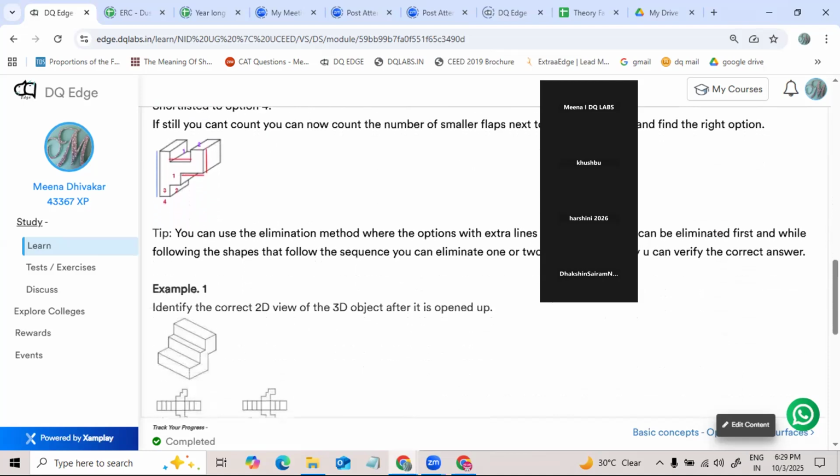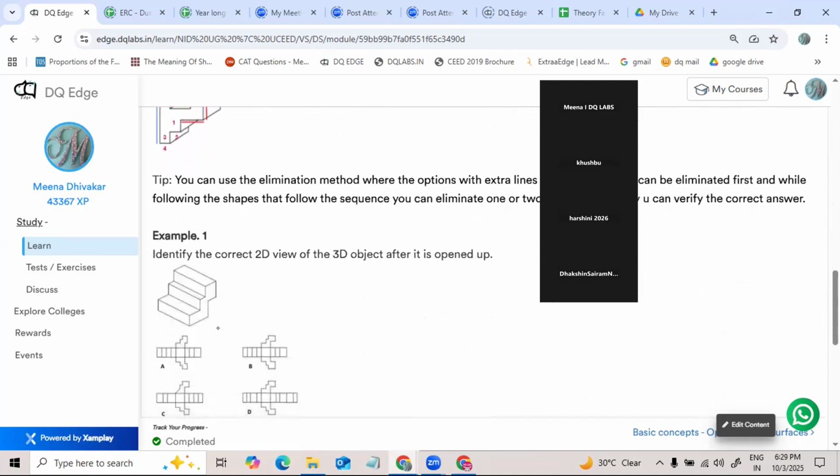Okay, can you tell me which is the correct 2D of this 3D? Which one is the correct option?